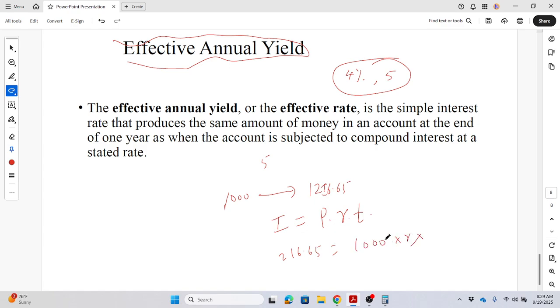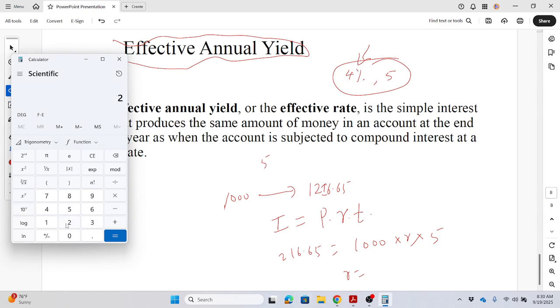We don't know the rate. The time is 5. This rate is the simple interest rate we would like to calculate. That rate is the compounding interest rate per year. But here we are interested in finding the effective annual yield, which means the simple interest rate for that particular package. So to find r, just divide both sides by 5,000, because 1,000 times 5 is 5,000.